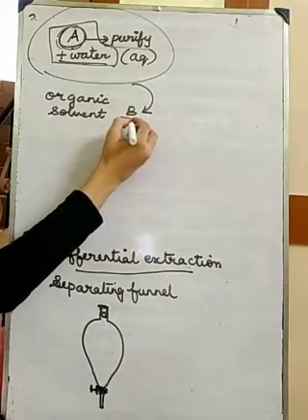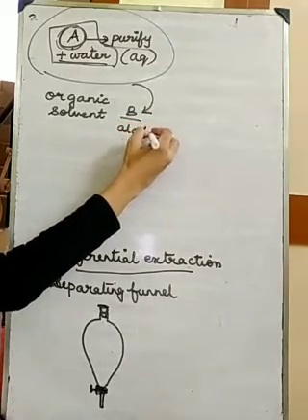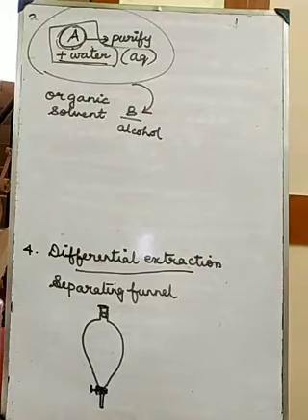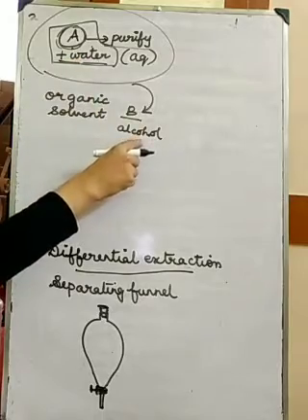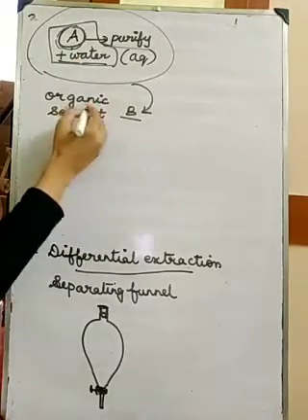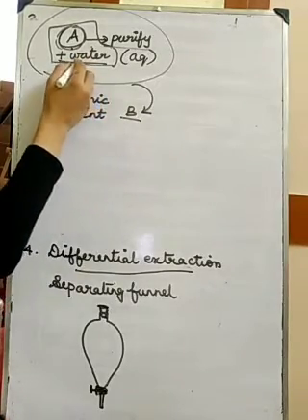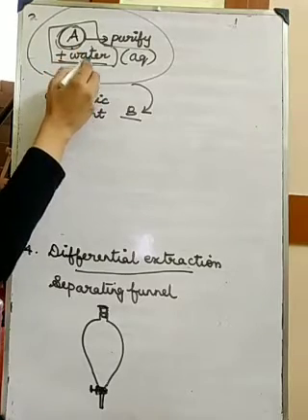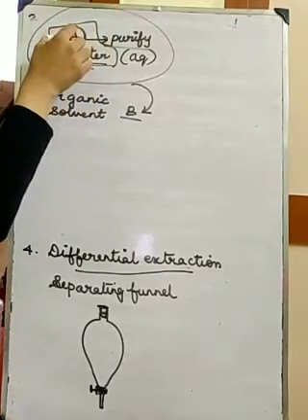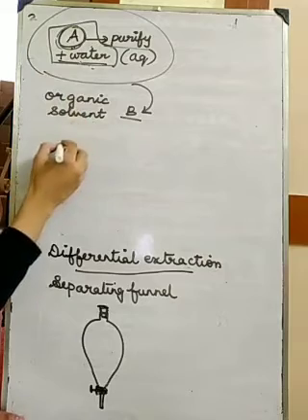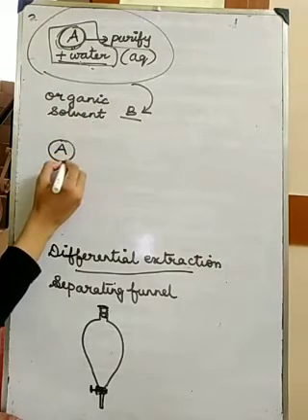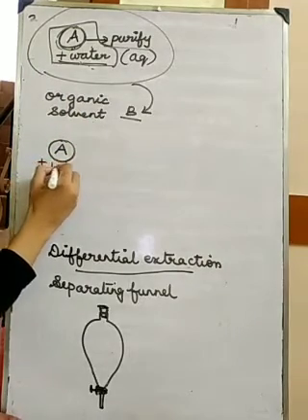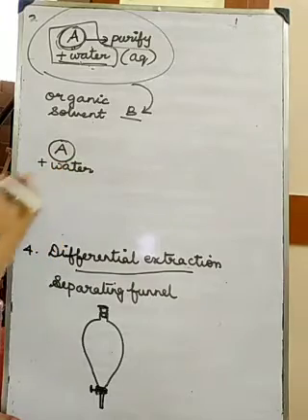Suppose if you take alcohol, will alcohol and water mix? Alcohol and water will mix. So you should not take alcohol. You should take another solvent which will not mix with water, but it will mix with A. So this A which you are going to purify will be present along with water.